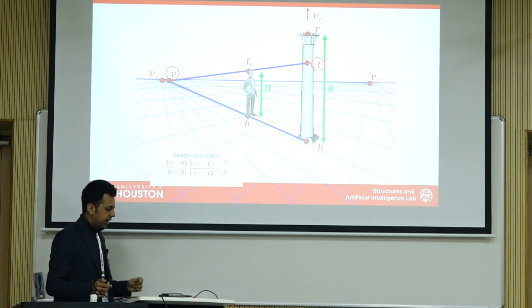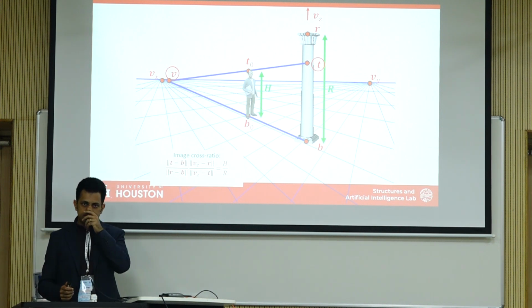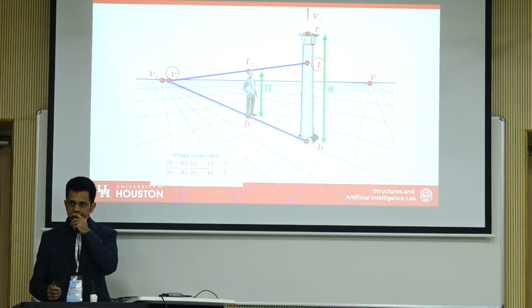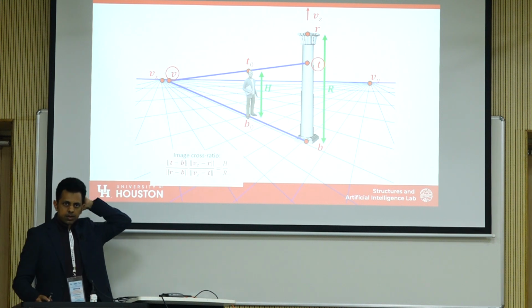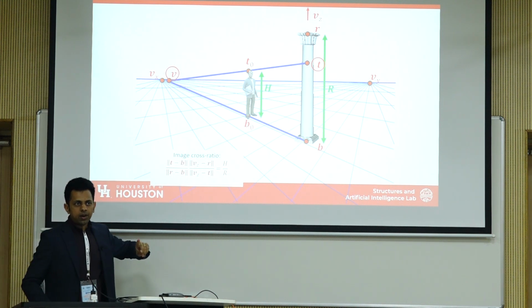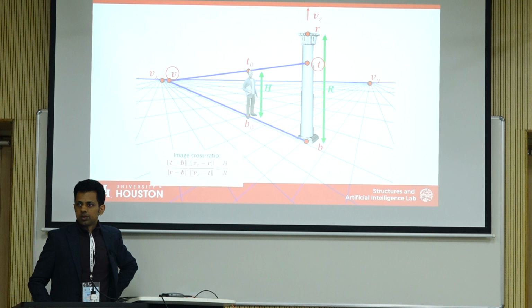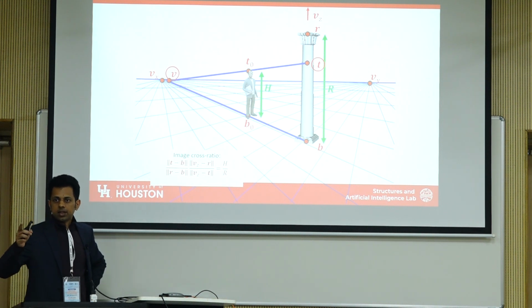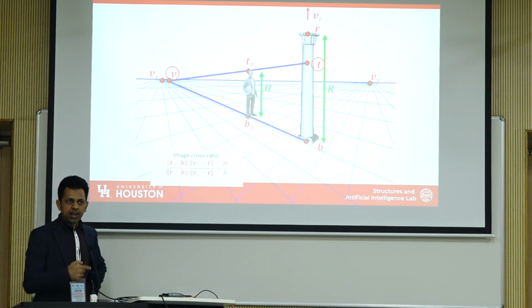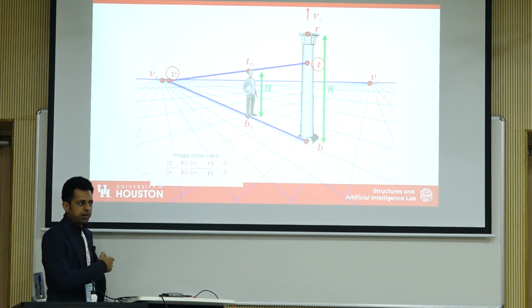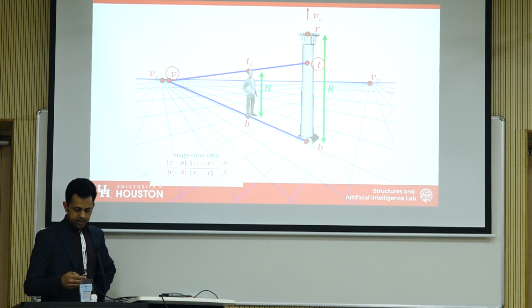And then how do I get v? What is v? It's the point on the vanishing line where the line that passes through b and b naught intersects, right?